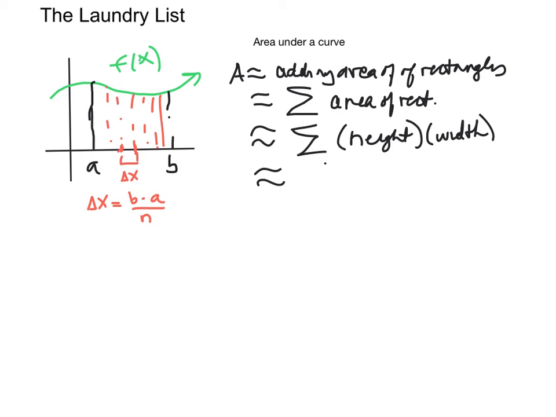And then we're going to get more specific. We're going to let i equals 1 to n. The height is going to be the f value at each x coordinate, x sub i, times the width, which is delta x.